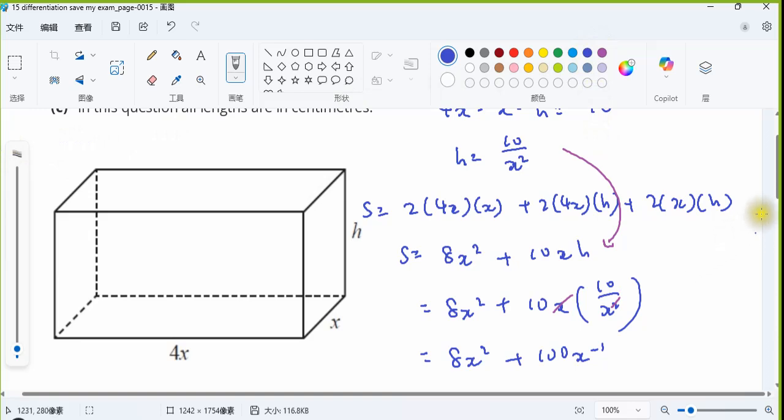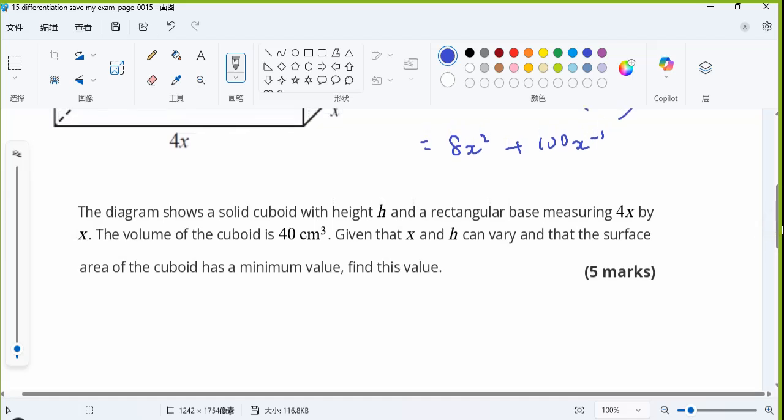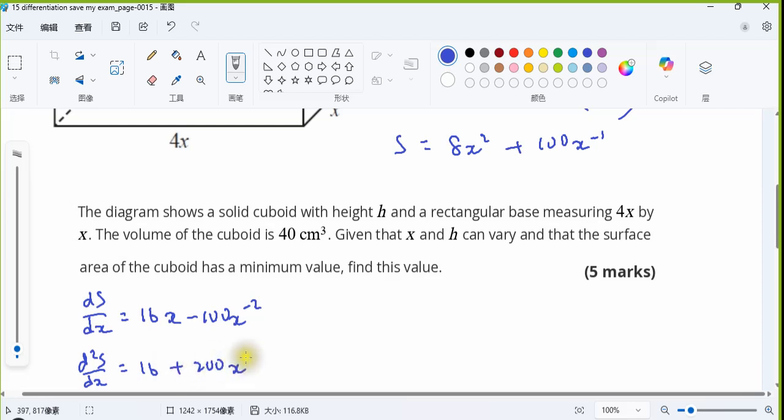So we find the minimum value. So this is s. So ds/dx will be 16x minus 100x to the power negative 2, and the second derivative will be 16 plus 200x to the power negative 3.